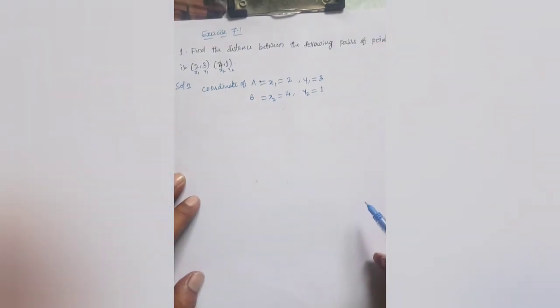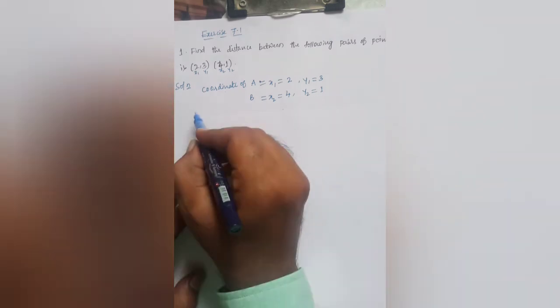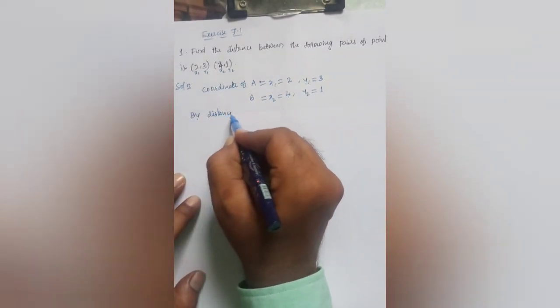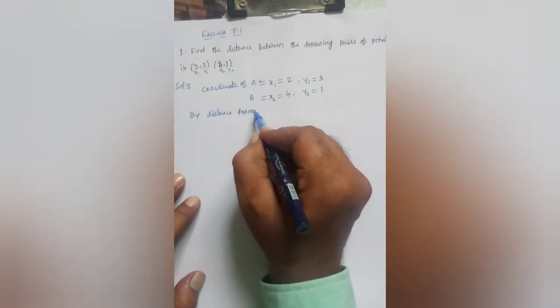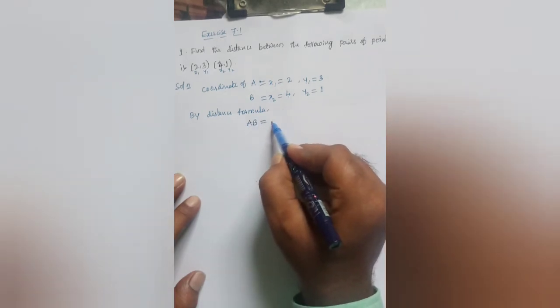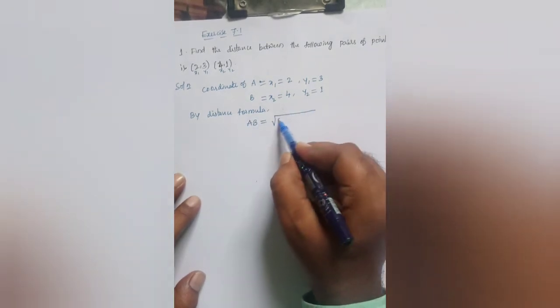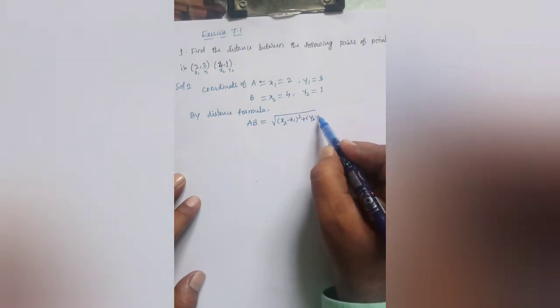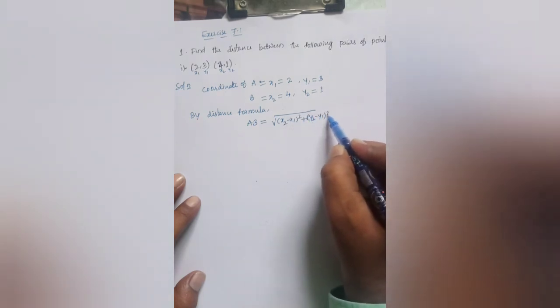By the distance formula, the distance between two points, AB, is equal to square root of x2 minus x1 whole square plus y2 minus y1 whole square.